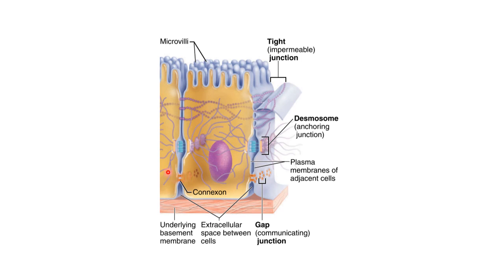So connexons are very rich in, for example, heart muscle cells, where the electricity in the form of ions in one heart muscle cell will travel through the connexon, and therefore the electricity will travel from one heart muscle cell to another heart muscle cell because of that connexon. Okay?